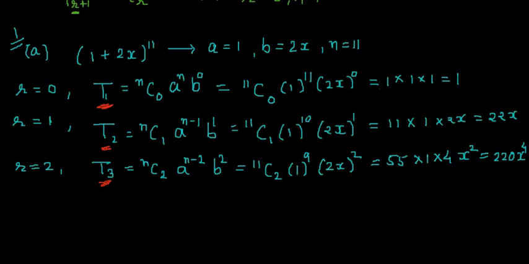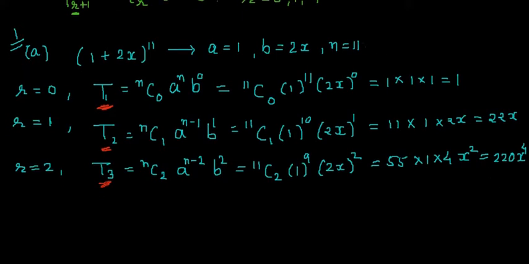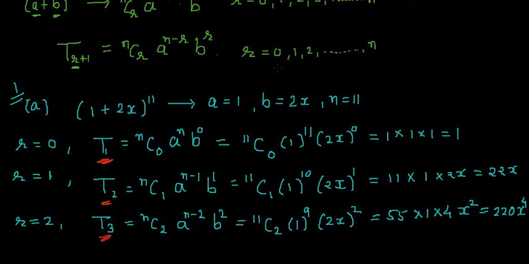Now see, what are the possible values of r in this case? We kept 0, 1, 2. In the general term formula, r always begins with 0, goes 1, 2, all integers, and the last value of r is n, and in our example n is 11.